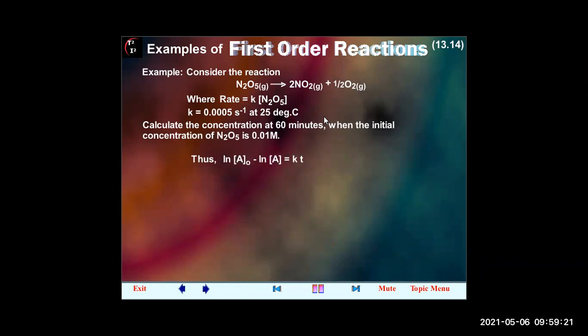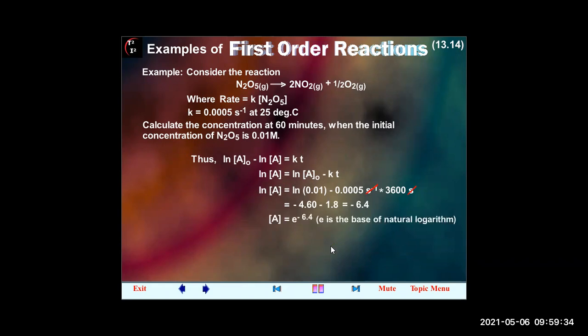Thus, the concentration of A is equal to e to the negative 6.4, which is equal to 0.002 molar.